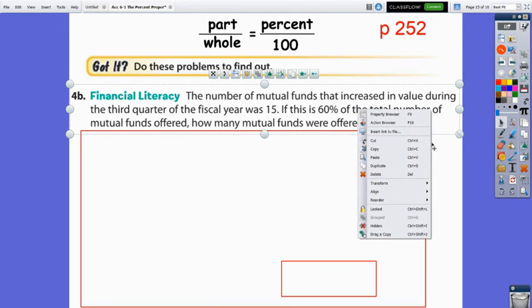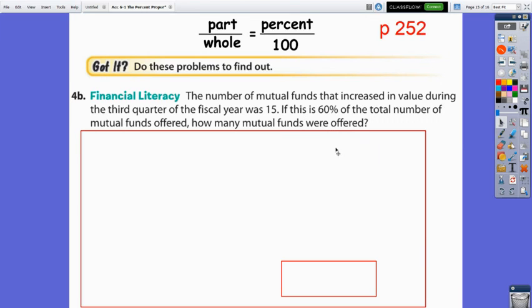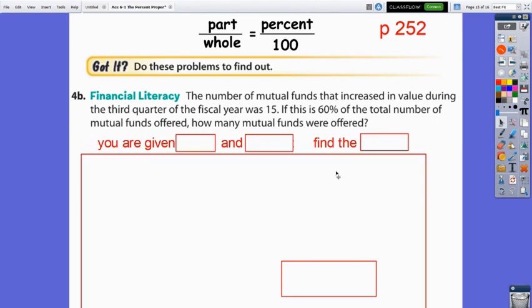The percent, the part, or the whole? You are given the percent and the part. You are looking for the whole, because after the word of, they don't give you a number, right? Of the total number that you don't know. So we're looking for the whole.